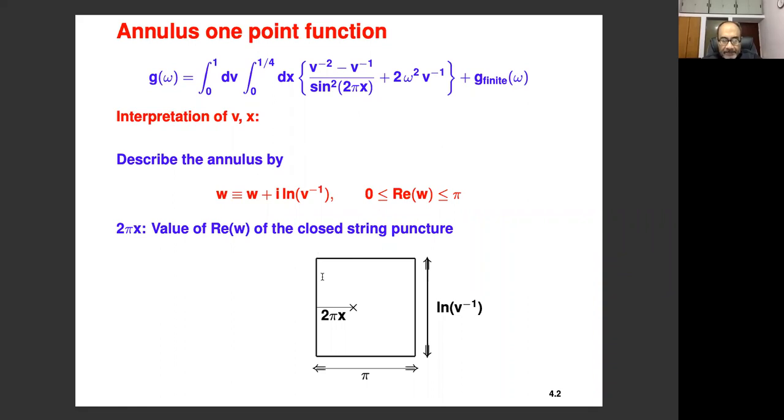Given this, x is interpreted here. 2 pi x is essentially the distance of the closed string vertex operator from the boundary. That's also a modulus, and that's this integral over here. You can see that I have integrated from 0 to 1/4, because when x is 1/4, this distance is pi by 2.